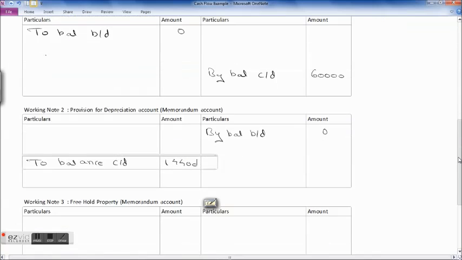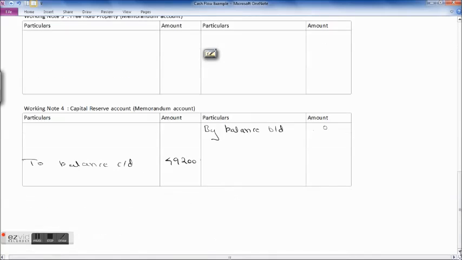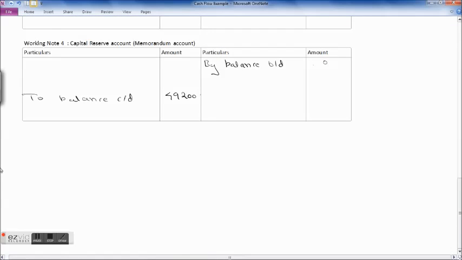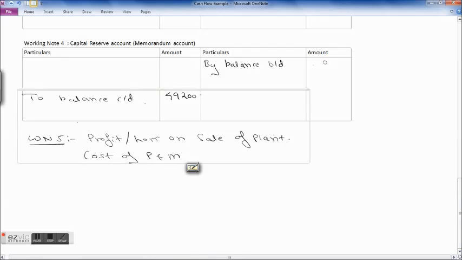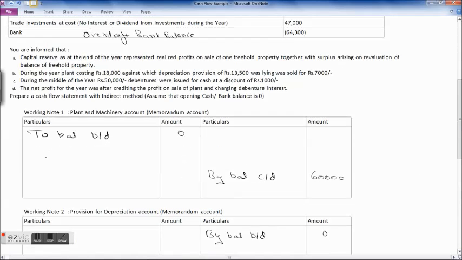So let's calculate the profit or loss on sale of plant. So the cost of plant and machinery, how much is this? 18,000.